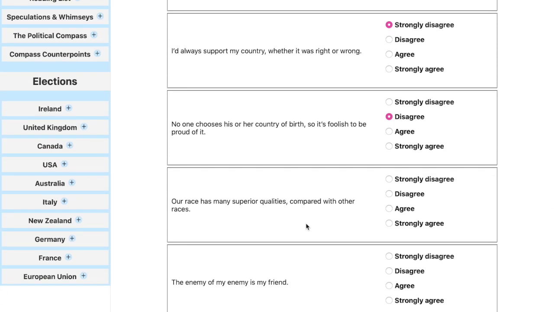"Our race has many superior qualities compared with other races." Okay. I strongly disagree. We are all equal. My race, I'm black, if you can't tell. Nothing about it is what causes me to be superior to anybody.